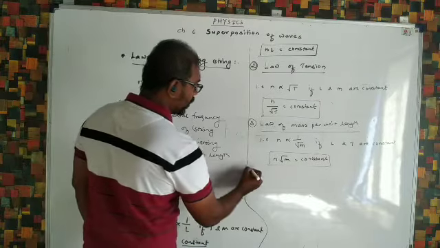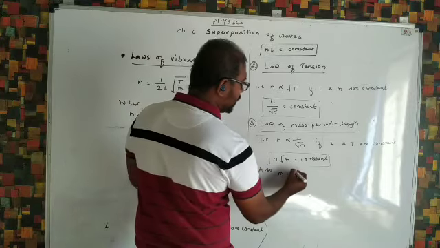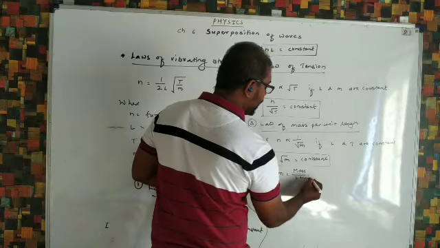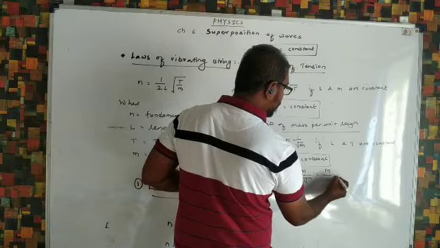Also, we know that small m in this formula is mass upon length, the mass of the string divided by the length of the string. Let us use capital M for mass and capital L for length.